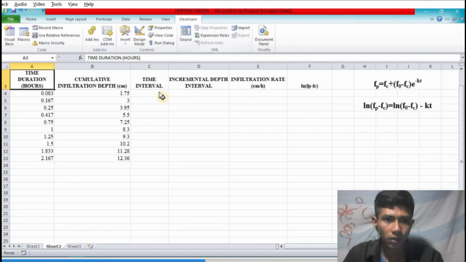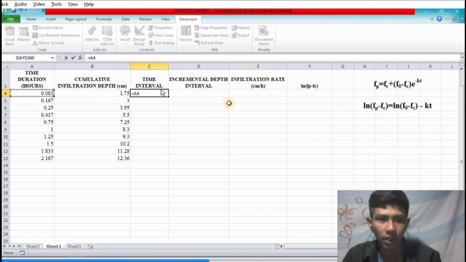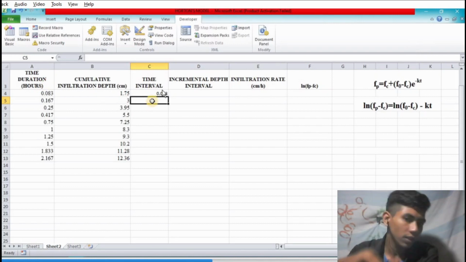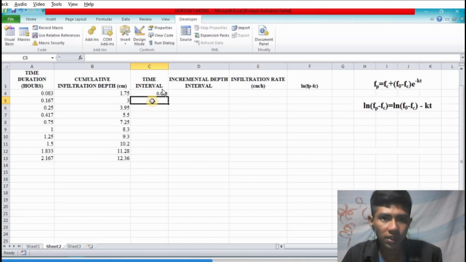Okay. So time interval is equal, sa una, let's just copy the first, 0.083. But sa pangalawa, bakit natin kinopya lang? Because it was just subtracted by 0. Because ang nauna sa kanya is 0, the time 0.